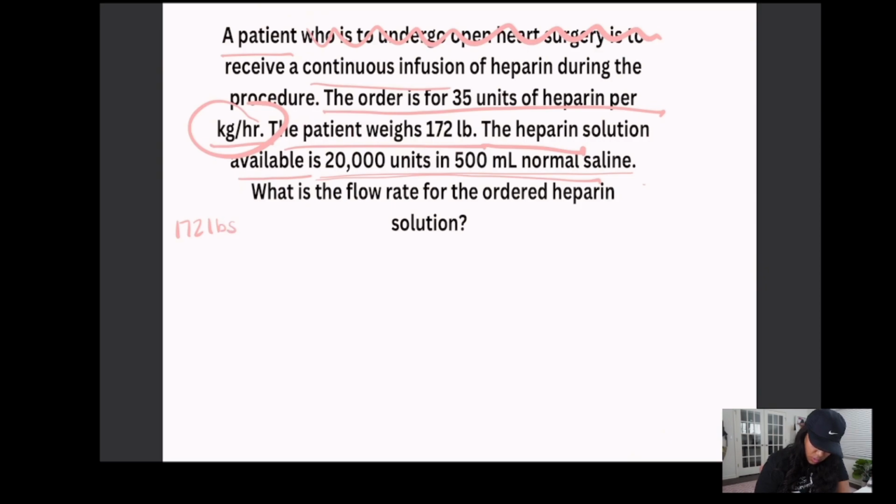And I always like to label. I think it's going to be 78.18. And I always like to keep my values in the calculator.